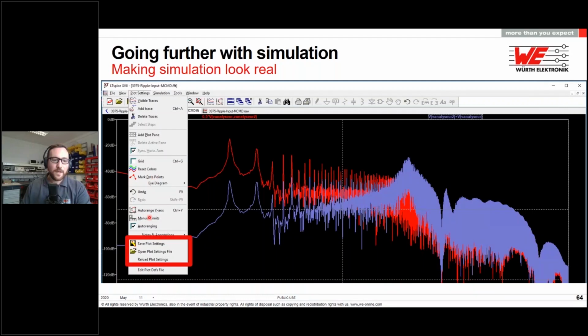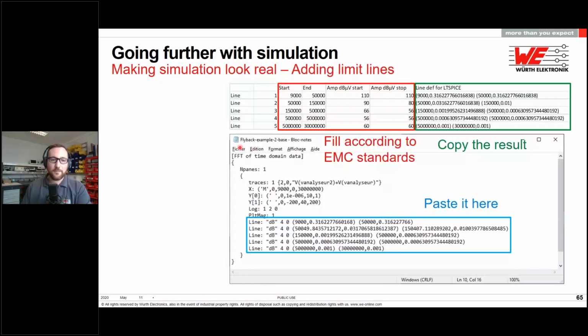There is one good thing about LTSPICE: if you don't want to input all this calculation, and if you want to modify them outside of LTSPICE, you can have access to the plot settings. By accessing the plot settings and editing them later in a text editor, you can really make your simulation very accurate and looking like a real EMC scan.